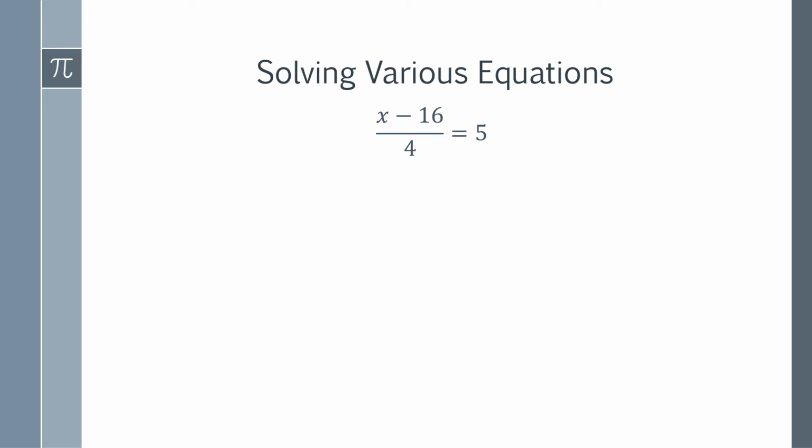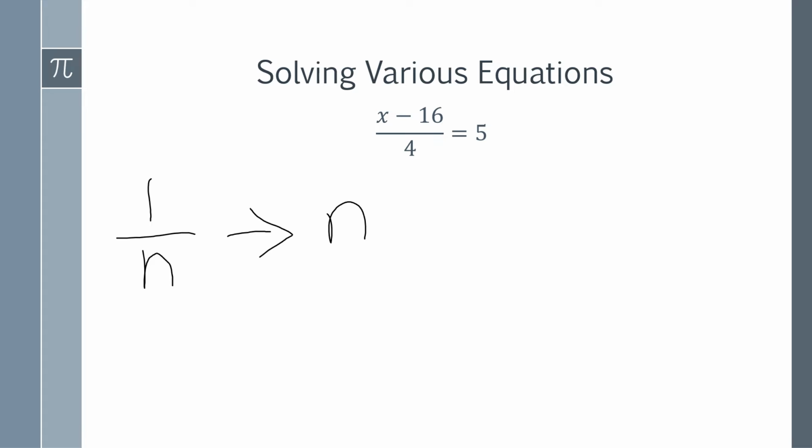So going back to your early days of elementary, you know for a fact that to get rid of a fraction of any sort, all you've got to do is take its reciprocal. So the reciprocal of this, or the multiplicative inverse, as it was taught to you guys in 7th grade, is going to be just 4.